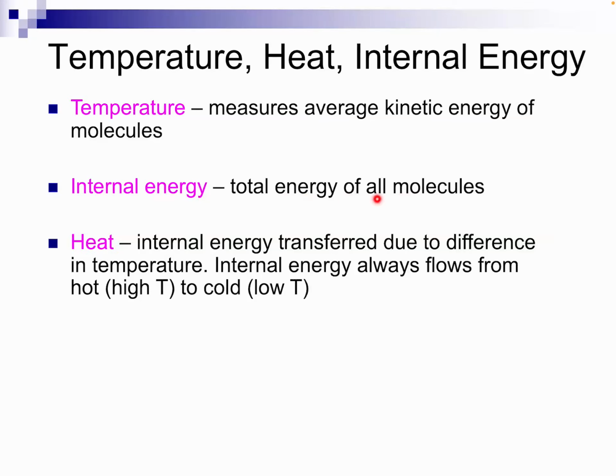Internal energy, it's the total energy of the molecules making up the objects, regardless of whether it's a solid, liquid, or gas. And when we say heat, it's the amount of internal energy that's transferred. And internal energy is transferred from the hot object to the cold object, or high temperature to low temperature.